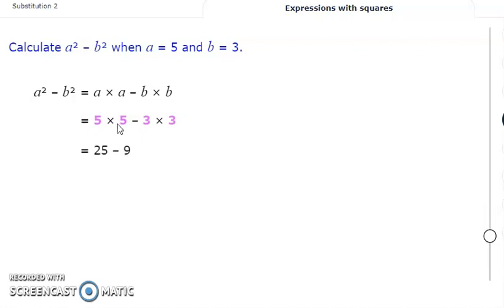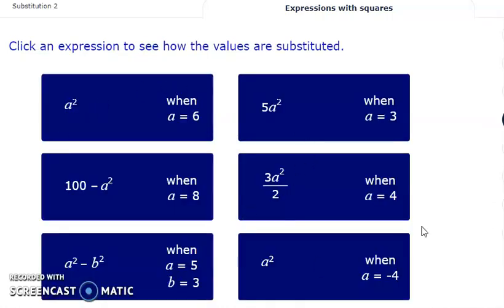Which finally is 5 times 5, 25, and 3 times 3, 9. 25 minus 9 is 16. So a square minus b square is 16. Now the remaining questions that I haven't done, you can try them and understand it.